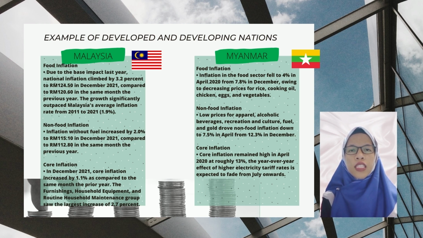In Malaysia, in December 2021, core inflation increased by 1.1% as compared to the same month the prior year.